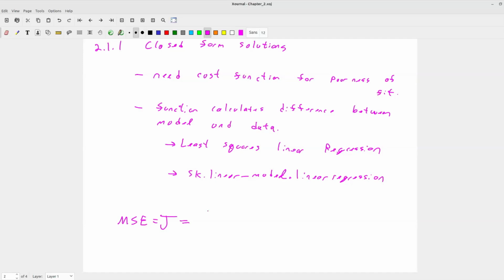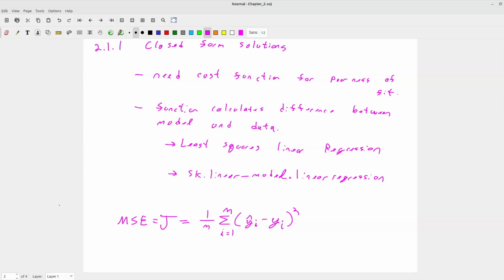And so 1 over m, which is just the number of data points, times the summation of i equals 1 to m of y hat of i, that's the estimated value of y for a specific i, that's what comes from our model, minus y of i, that's our actual data piece, squared. So that is our cost function for linear regression.